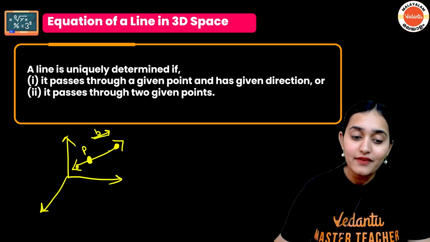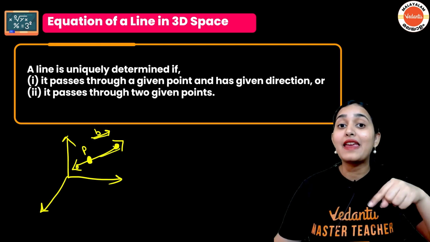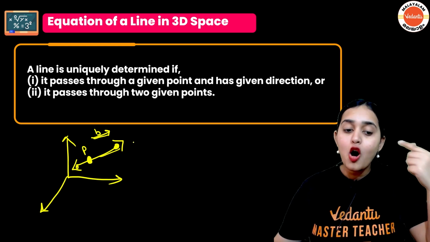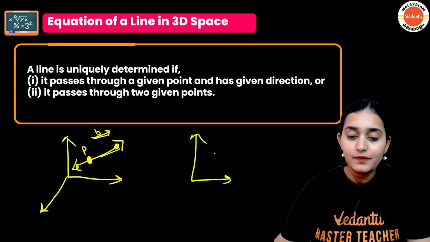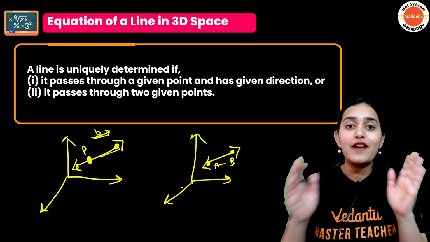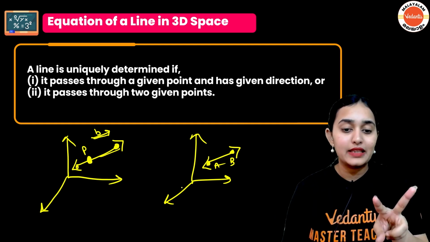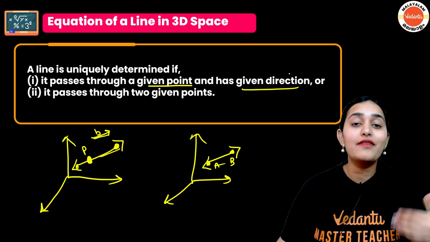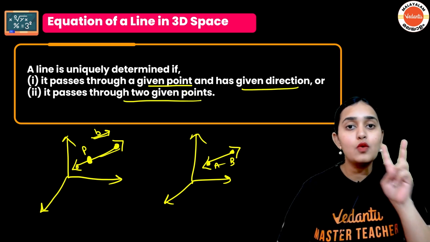Because this parallel vector and this line will have the same direction cosines. Similarly, you can represent the line with the help of 2 points, because 2 points A and B will obviously define the line. So there are two methods. First is either a point is given and a parallel vector is given, or 2 points are given.